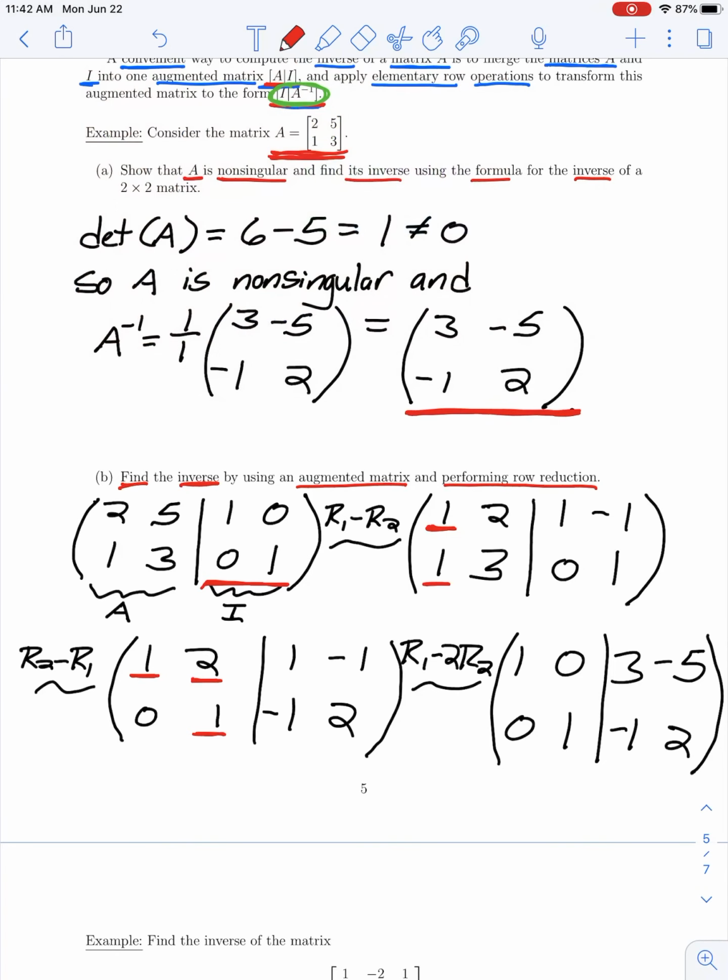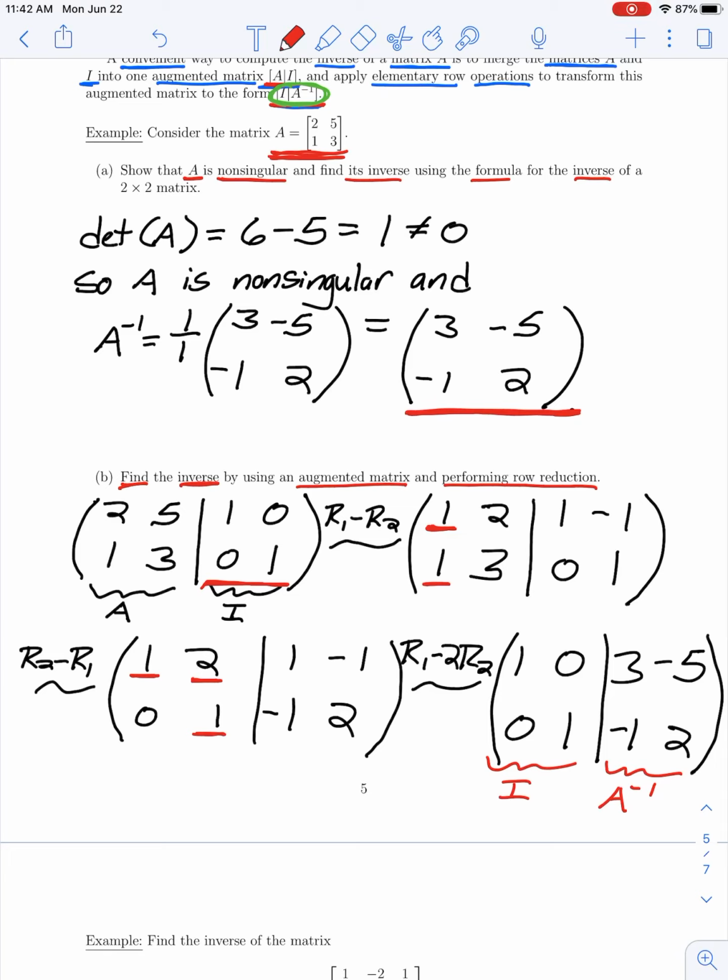So this matrix that I end up with now has the matrix I on the left-hand side, and we claim that the matrix that we're left with on this right-hand side is A inverse.